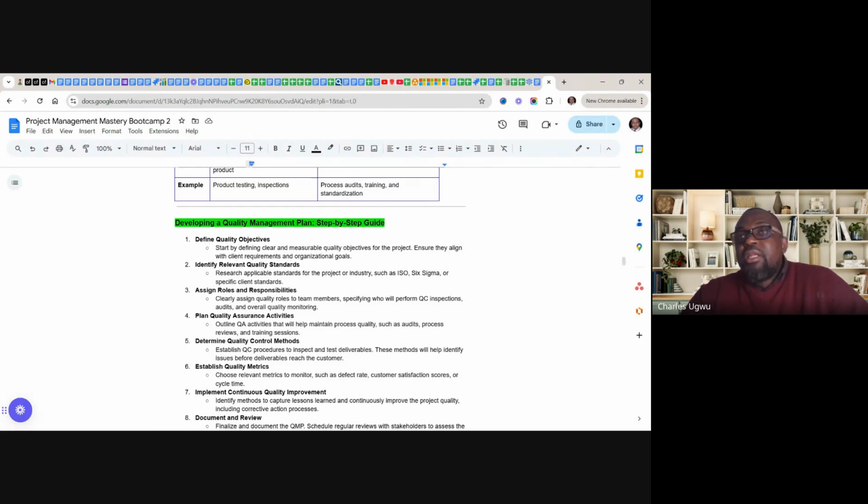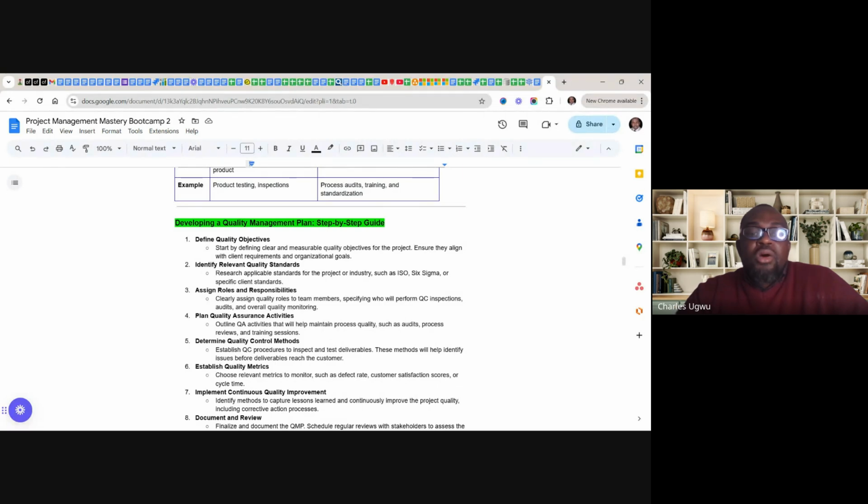In so many software development teams, there's what we call code review. Periodically, they review code. This is part of quality assurance.